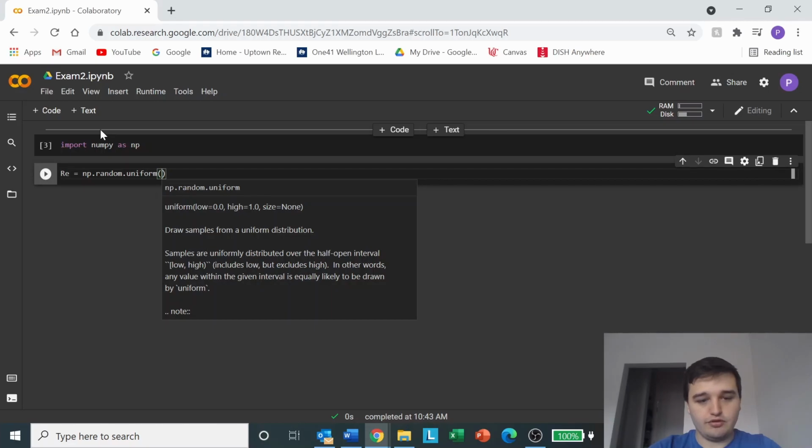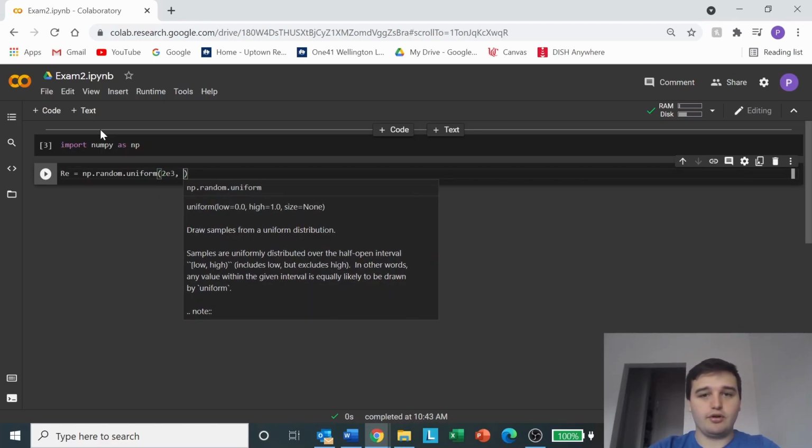There's no bell curve, it's a uniform distribution. So the low in this case would be 2000, and this is from our book. The experimental equation in our book found that the relationship is only valid for Reynolds number values from 2000 to 35,000.